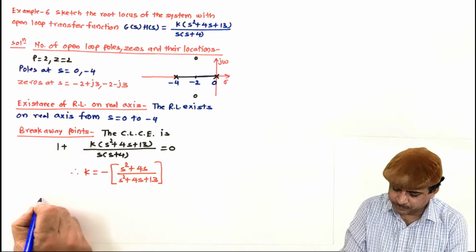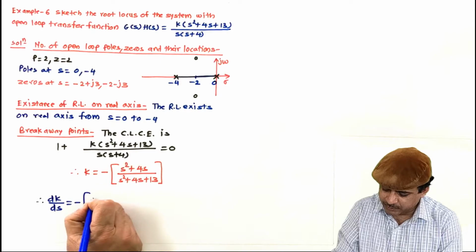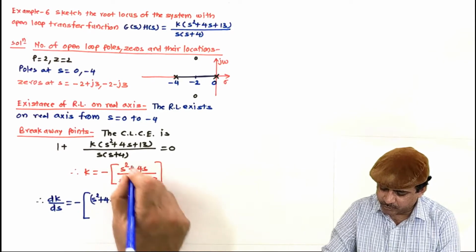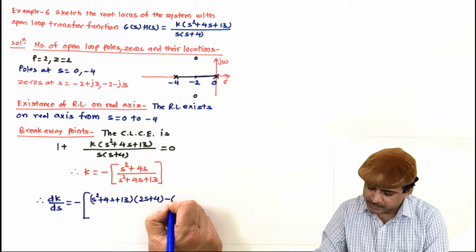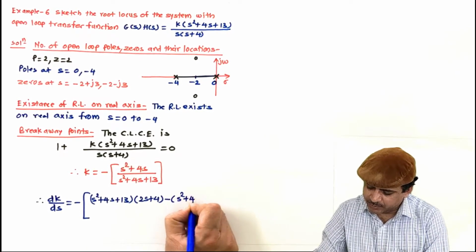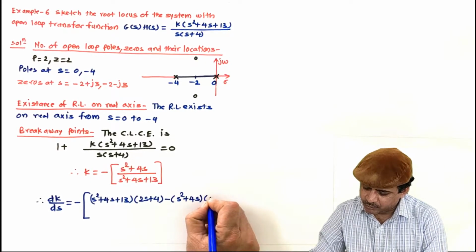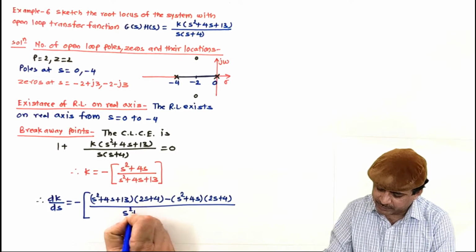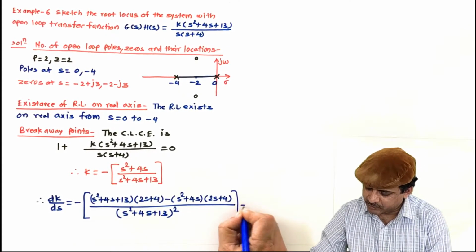So dK by ds will be obtained using the u by v rule. It will be s square plus 4s plus 13 into derivative of this, which will be 2s plus 4, minus s square plus 4s into derivative of this, which will be 2s plus 4, and whole divided by s square plus 4s plus 13 whole square, and that is equal to 0.